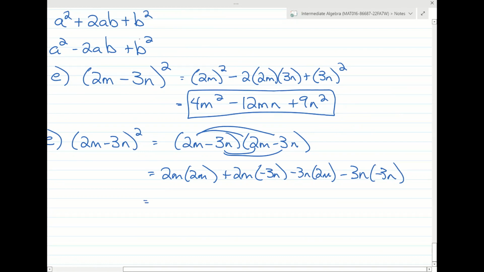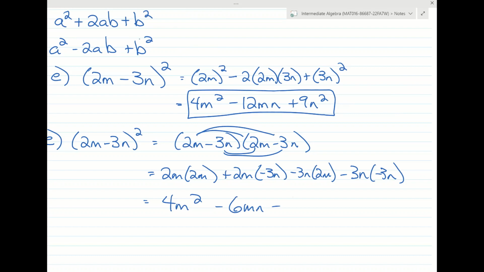We get 4m squared minus 6mn minus 6mn plus 9n squared. Same exact thing, but just a couple more steps. It doesn't matter.